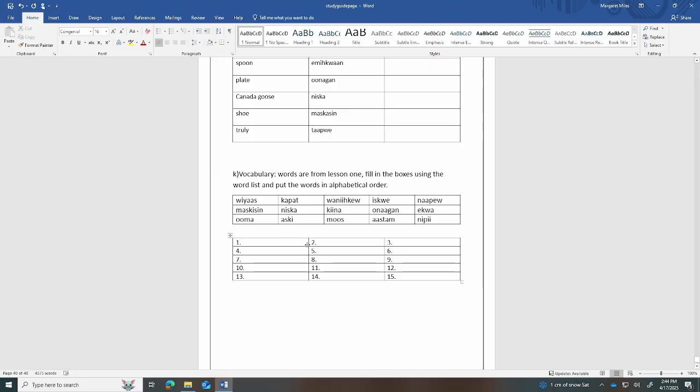So the words are: we ask, meaning meat. Kabat, meaning cupboard. Wanikyo, meaning forget, forgot.